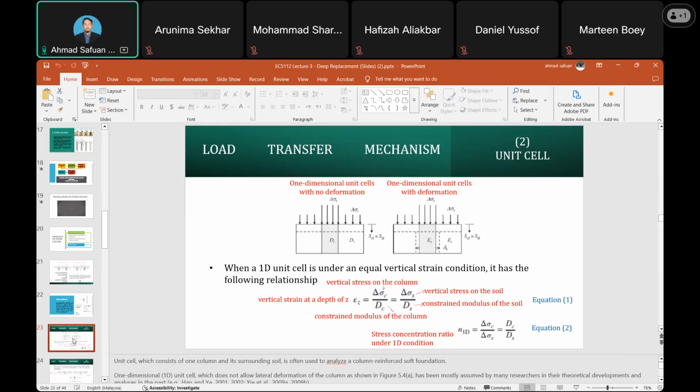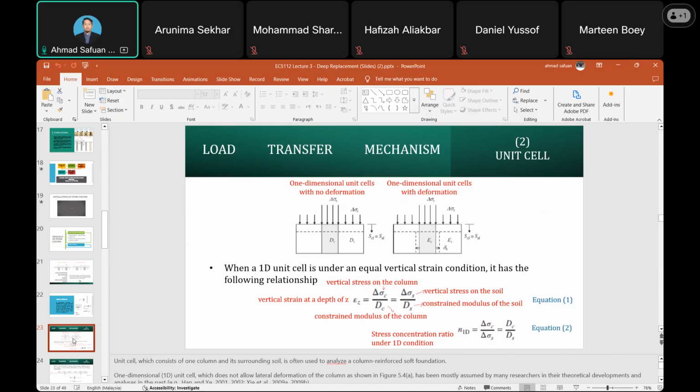From there we obtain equation 2, which is the stress concentration ratio under 1D conditions: delta sigma C over delta sigma S is equal to the constrained modulus of the column over the constrained modulus of the soil.